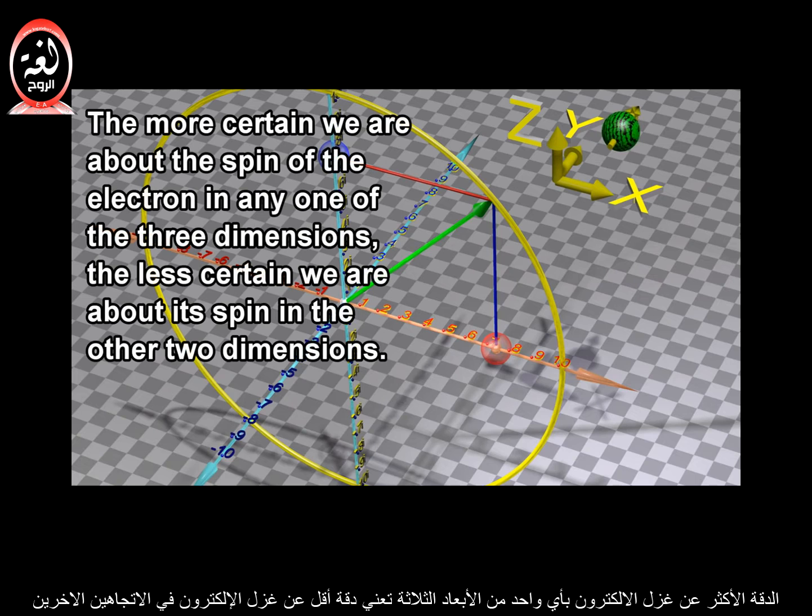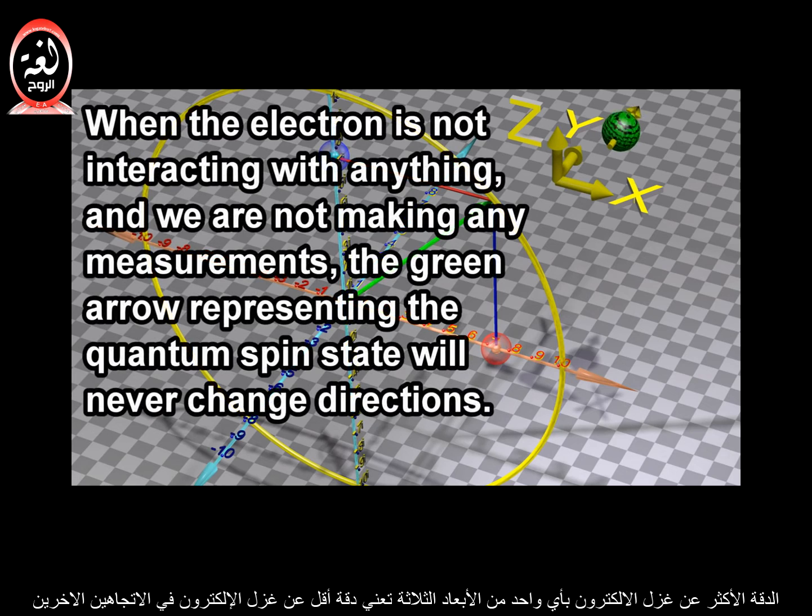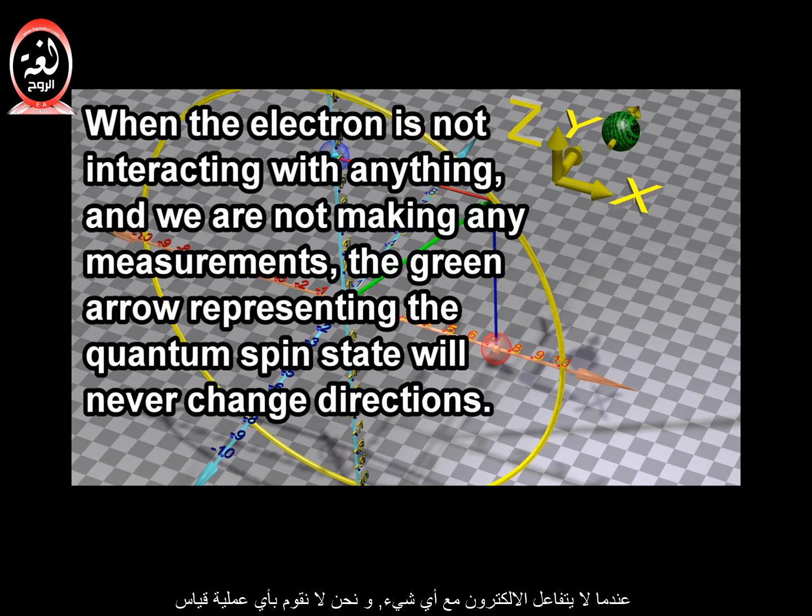The more certain we are about the spin of the electron in any one of the 3 dimensions, the less certain we are about its spin in the other 2 dimensions. When the electron is not interacting with anything, and we are not making any measurements, the green arrow representing the quantum spin state will never change directions.